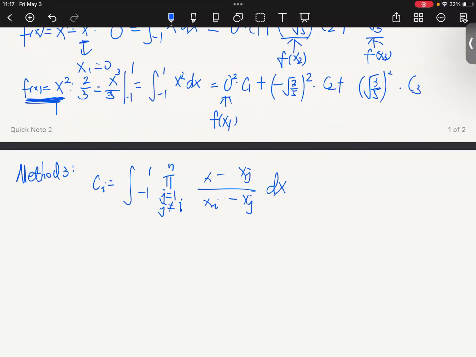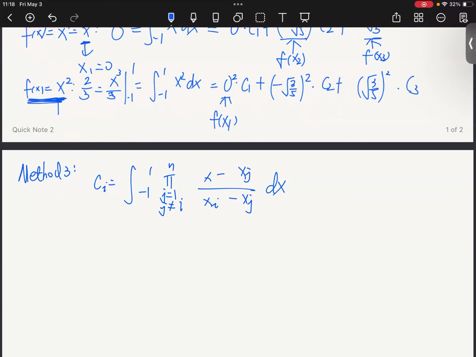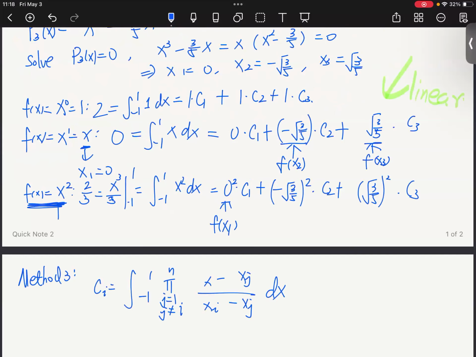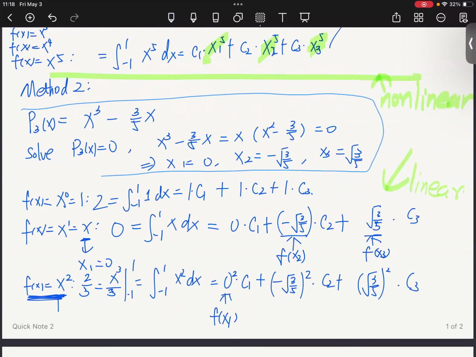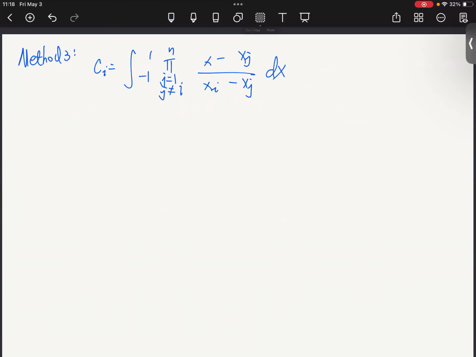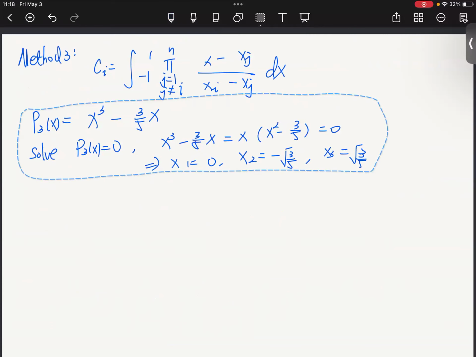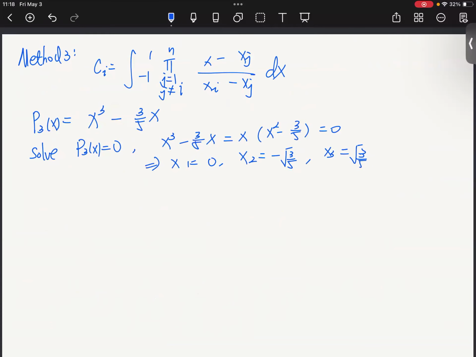So for the coefficients here, first of all, the first part is pretty much the same as method 2. You solve the Legendre polynomial and then get the node points. And once you get the node points, you can do the integration. For example, we want to get C1, and C1 is just the integral from -1 to 1. Here i equals 1.